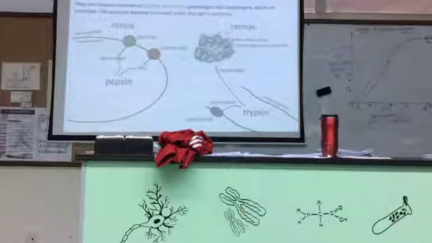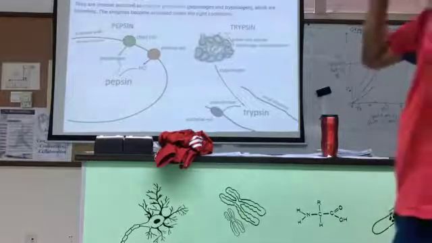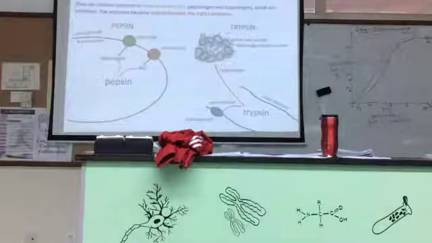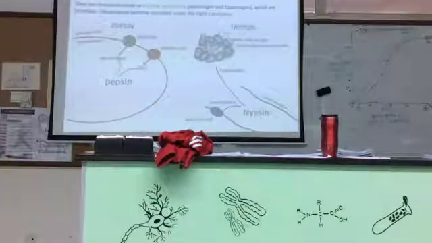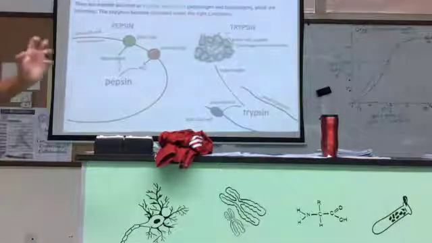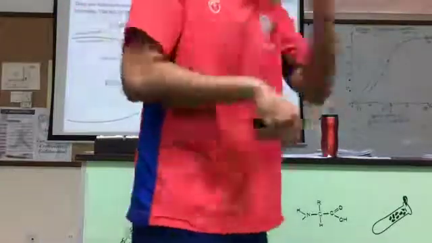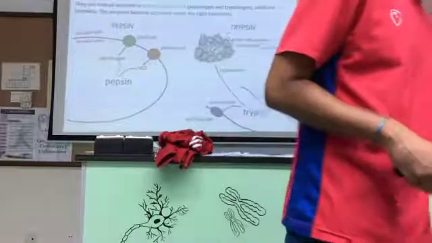But what's the protein that we're making? Protein that breaks down protein. So our body is destroying itself, committing suicide. If you're a cell that makes pepsin, you're building an enzyme that breaks down the stuff you're made out of.